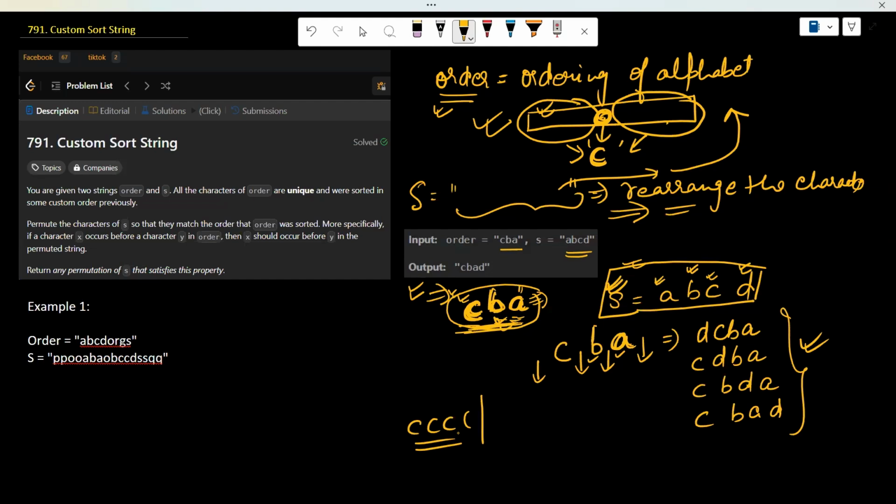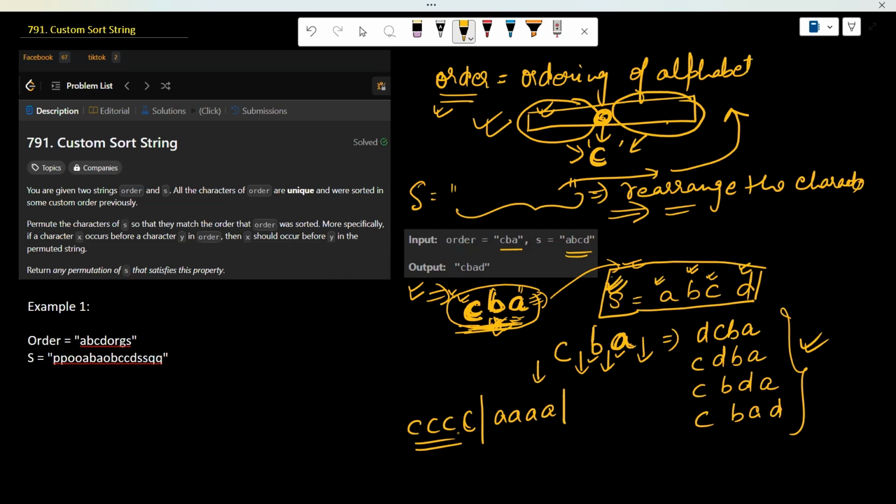Now we will see whether B is present in the main string or not. Suppose B is not present, then well and good, we don't need to bother about the ordering of B. Now A, we will see whether A is present in the main string or not. If it is present, then we will put all the occurrences of A.